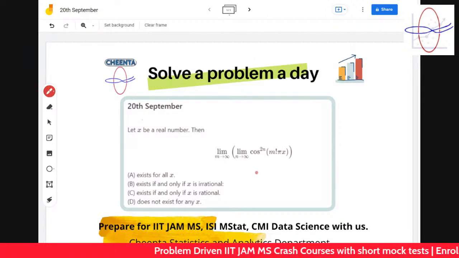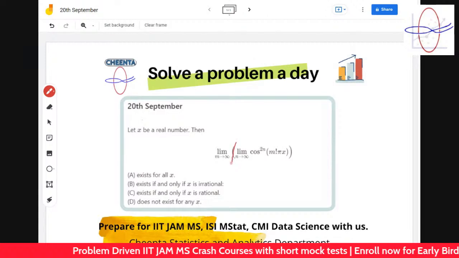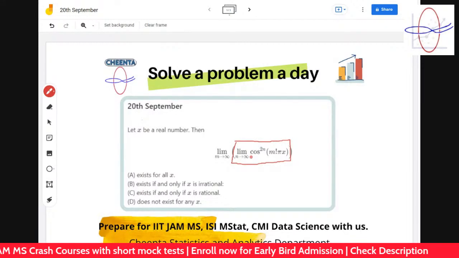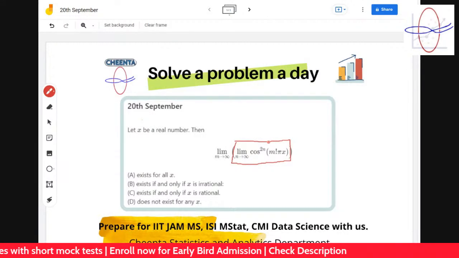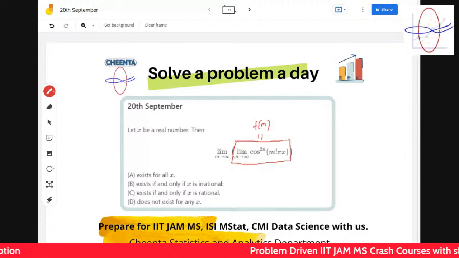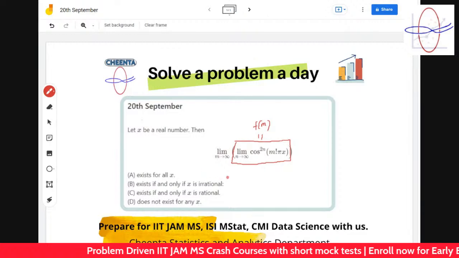Okay, so we will first try to decipher the limit of this, and express it as a function of m, and then we will see what the value of the limit as m tends to infinity of f of m turns out to be. So there are a lot of options over here.